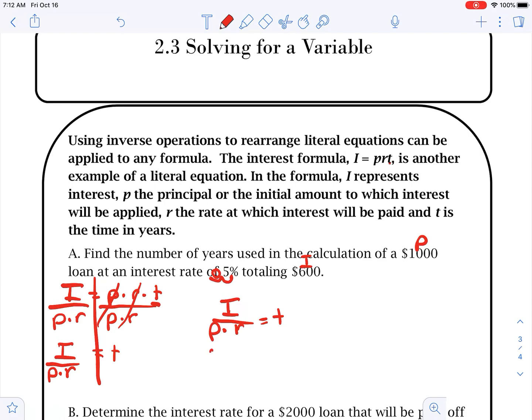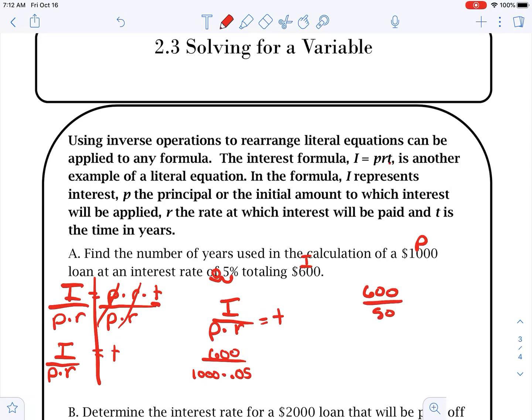So I over your principal times your rate equals your time. And so our interest was $600 divided by our principal, which was $1,000, times our rate of 0.05. So if you take 1,000 and multiply that by 0.05, you're going to get 50.